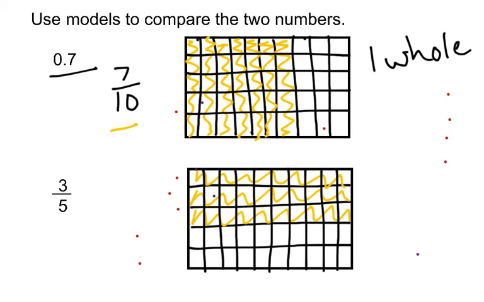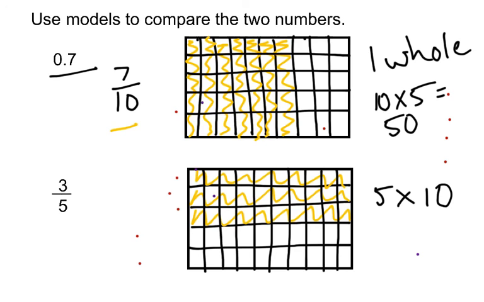Okay, so now I have 10 across, 10 vertical lines and 5 horizontal on both. So that gives me 10 times 5, which is 50. So now I have 50ths for both. Now I can just count up how many I have in each one. I have 5, 10, 15, 20, 25, 30, 35.